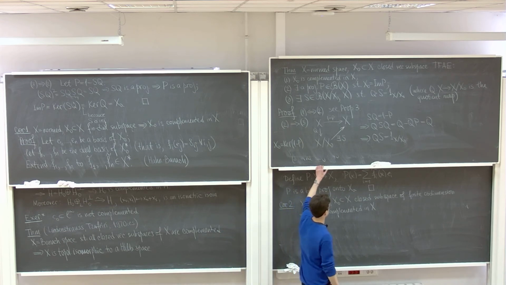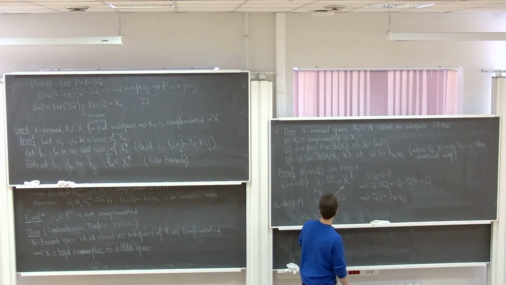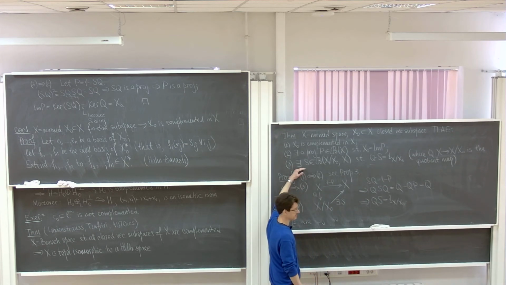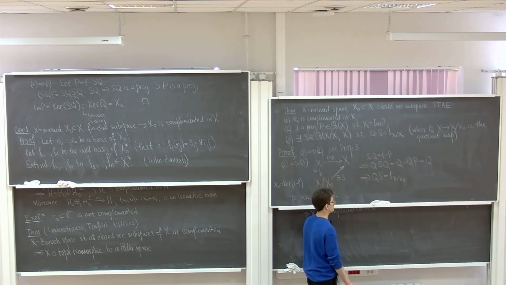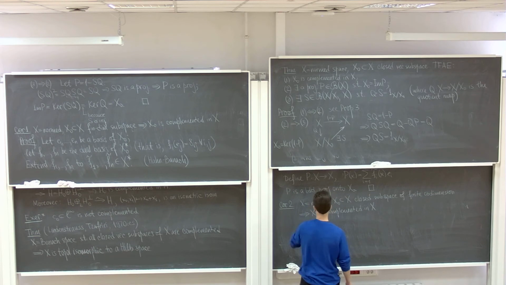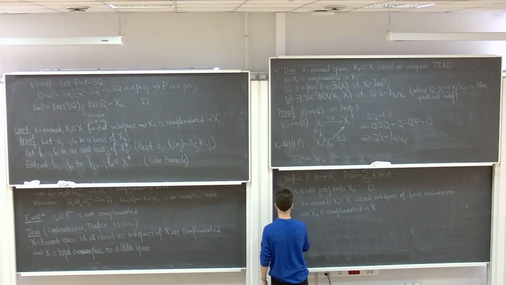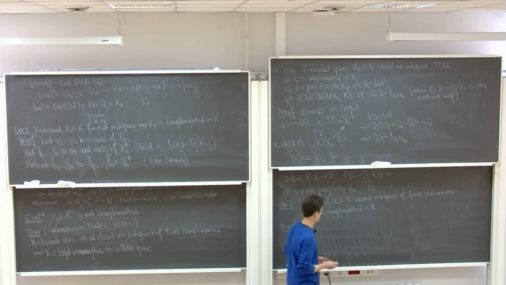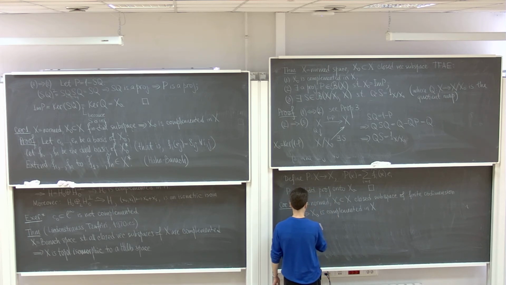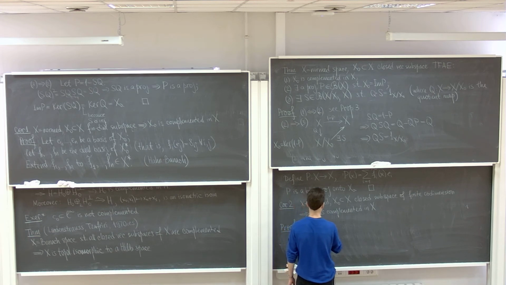Well, to prove the result, it will be more convenient to use condition 3. So we are going to construct a section of the quotient map. So X0 is of finite codimension. This means that the quotient of X modulo X0 is finite dimensional. So we choose a basis, say E1 to En.